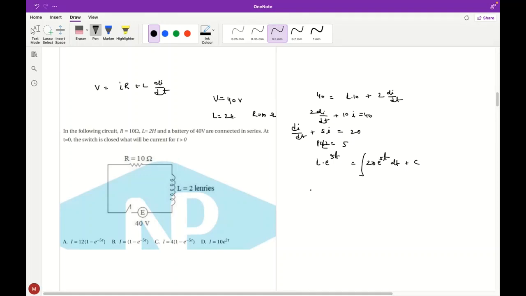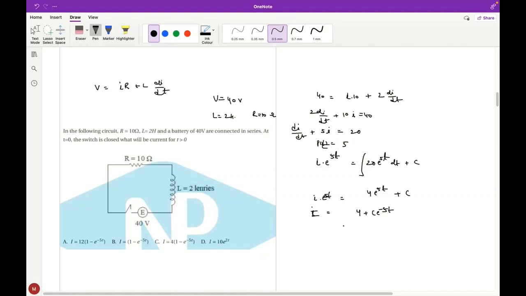So it is given by I into e to the power 5t equal to 4 e to the power 5t plus c. So we get I equal to 4 plus c e to the power minus 5t.